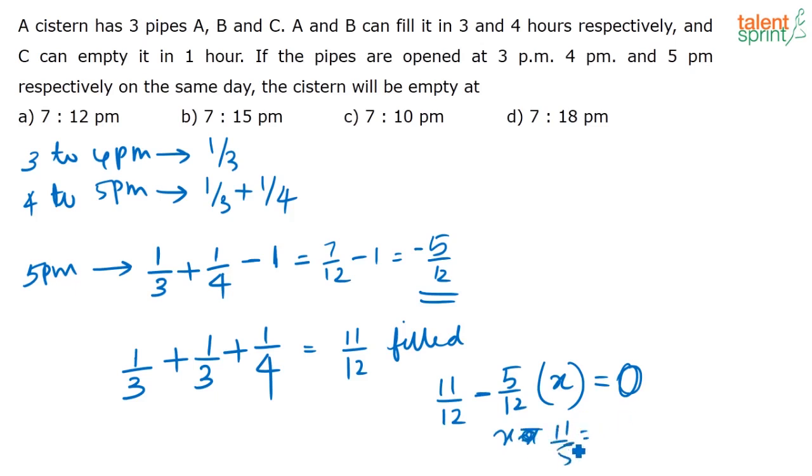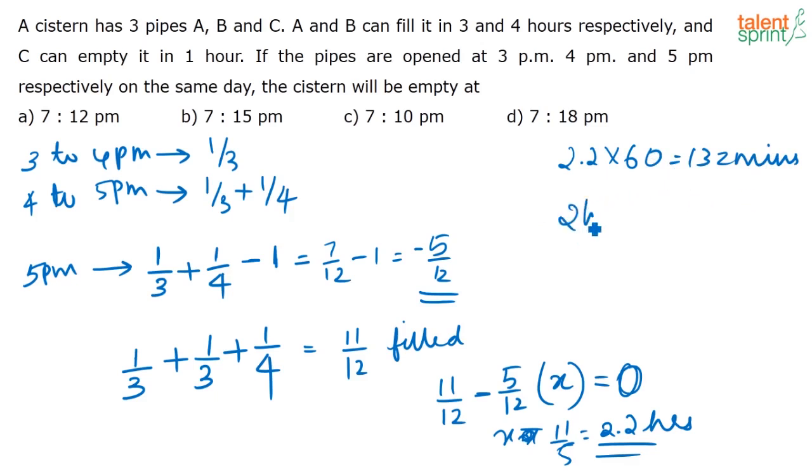That is equal to 2.2. So x is equal to 2.2 hours, right? So what can I say? After 5 p.m., in 2.2 hours, the tank is going to be empty. So what is 2.2 hours in terms of minutes? 2.2 hours is nothing but 2.2 into 60, which is equal to 132 minutes. 132 minutes is nothing but 120 minutes plus 12 minutes. 120 minutes is 2 hours.